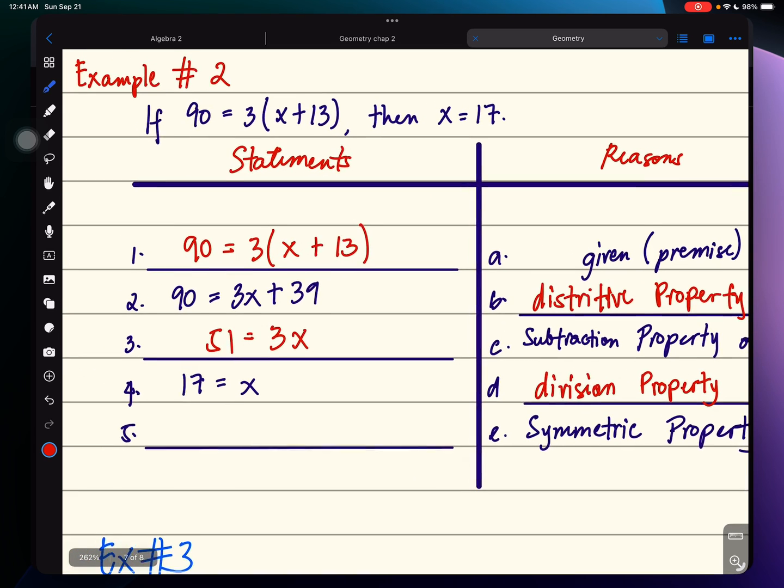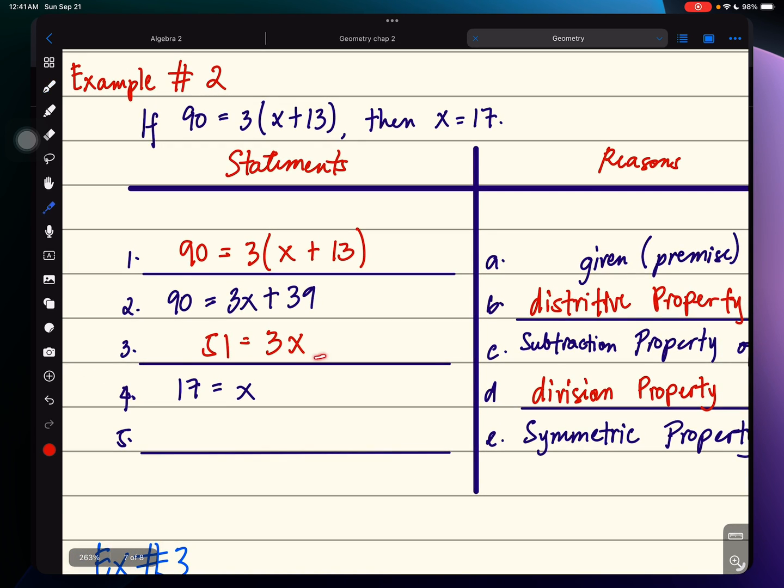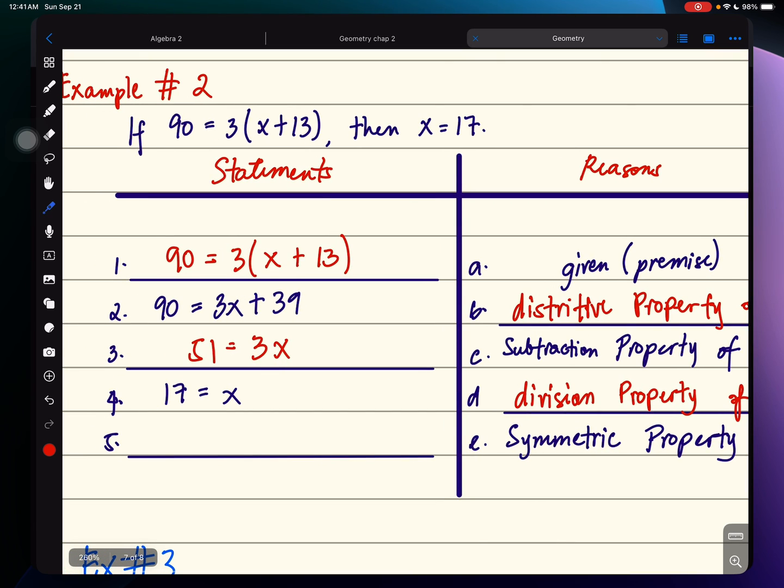So simply divide both sides by 3. So the 3s will cancel, and how many 3s in 51? That is 17. Why did you use the division property of equality? To simply get the answer. If we use the multiplication property of equality, it's still the same. You're going to multiply by 1/3 on both sides, and you're still going to get this equation.